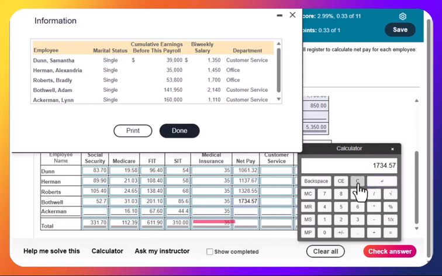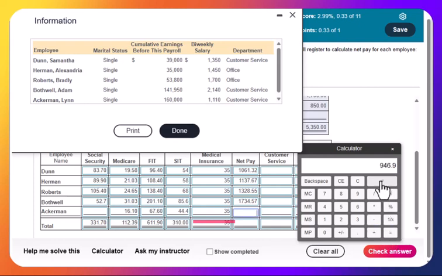And then we'll clear out and go to the next cell here so we don't lose our last answer. So 1110 right into the calculator for that biweekly salary for Lynn Ackerman. And then we're going to subtract out his deductions, so no Social Security for him, but Medicare does come out, $67.60 for his federal income tax, $44.40 for his state income tax, and $35 again for that medical insurance.